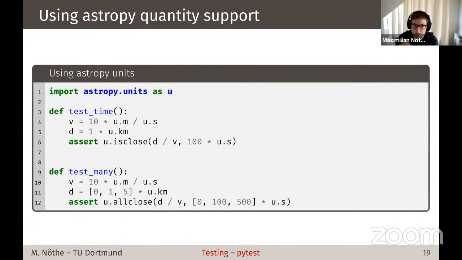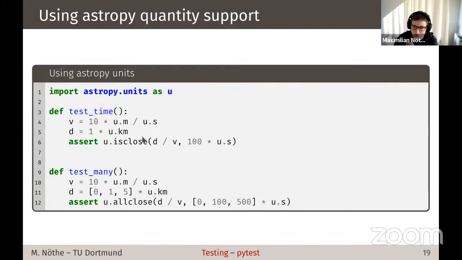AstroPy has very nice support for units. We will learn more about this in the AstroPy lecture. But you might then also want to, or you will need to test your unit-based code. And there's also some really nice methods in this AstroPy units package to do that. So for example, here we define a speed in meters per second and a distance in kilometers.